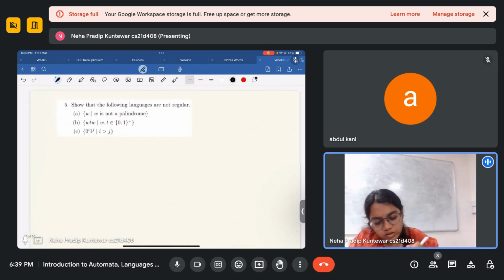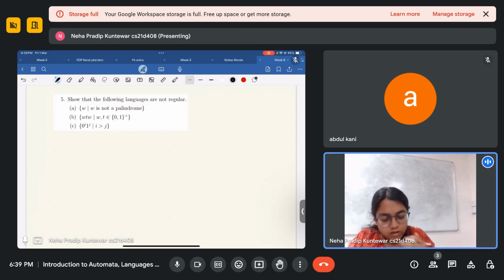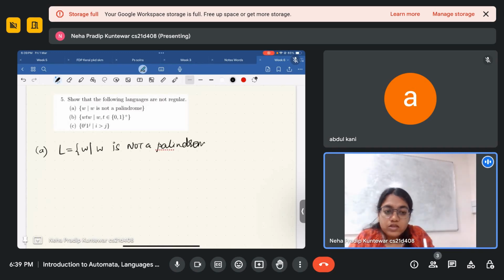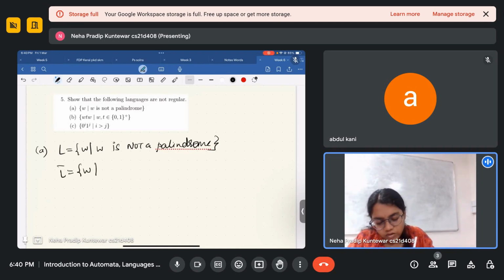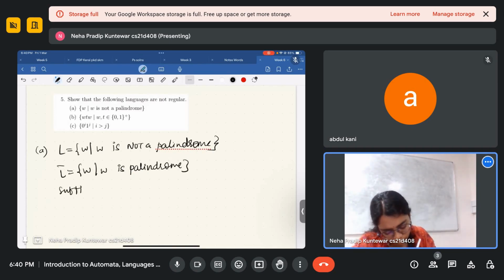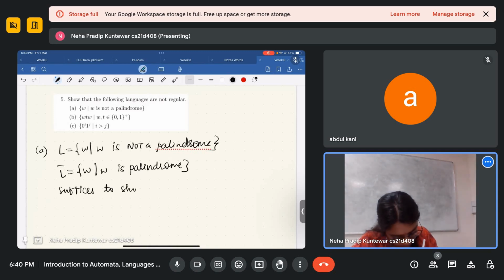If I want to show that L, the set of all w such that w is not a palindrome, is not regular, then it's as good as showing that L complement, which is the set of all w such that w is a palindrome, is not regular.